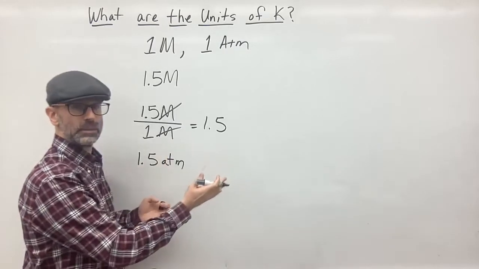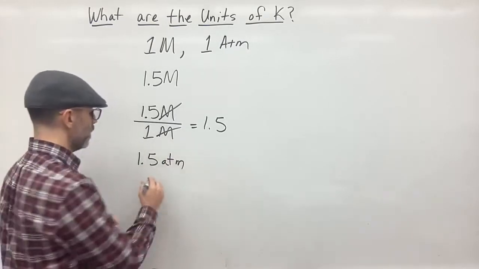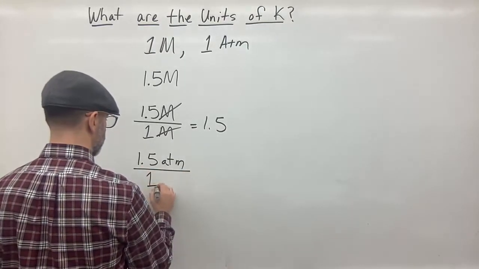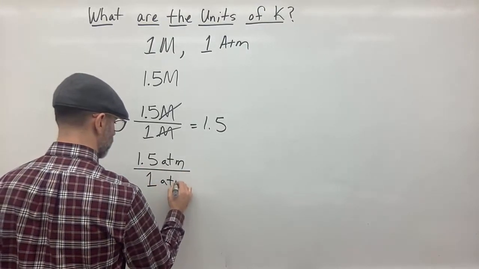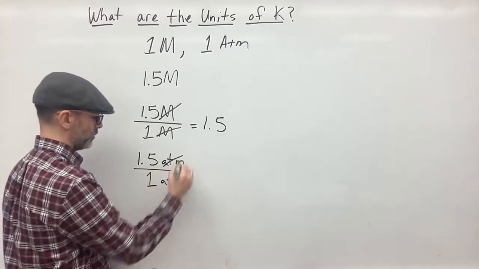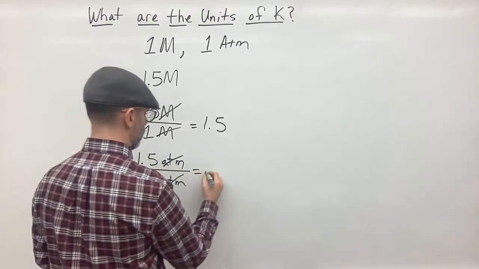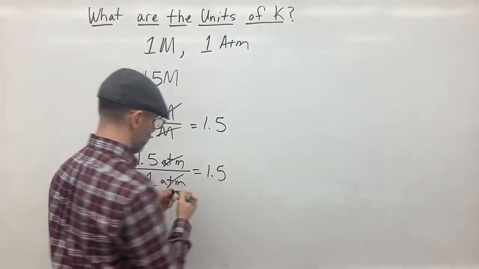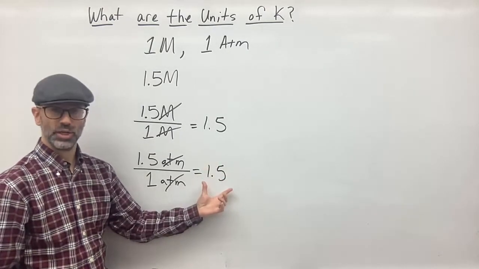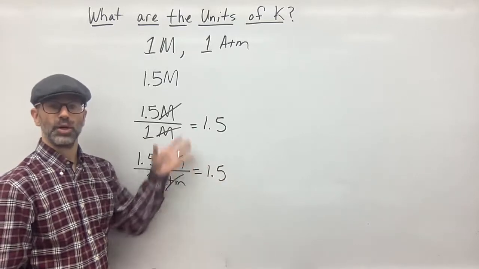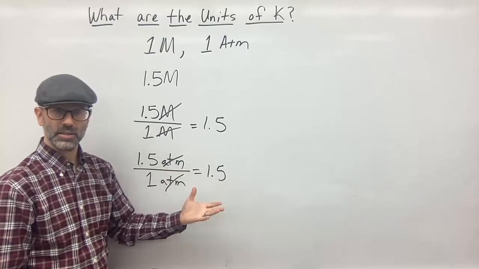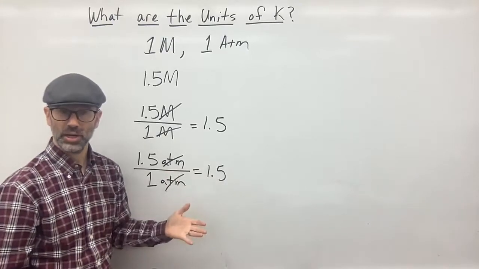When you put it in the expression for K, it's in reference to 1 atmosphere, so you put it in as a ratio of 1.5 per 1 atmosphere. Then atmospheres cancel out, and you get 1.5 again. So there are no units associated with these, and your equilibrium constant ends up not having any units.